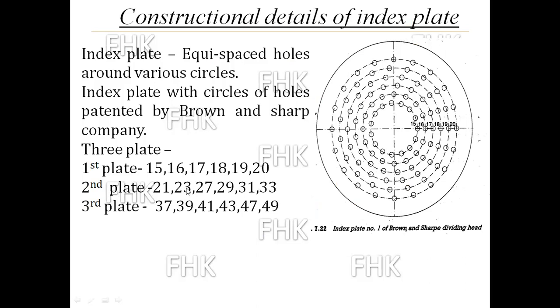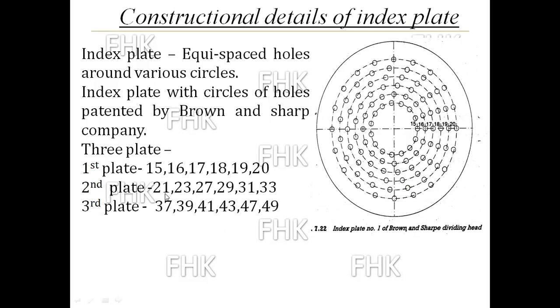Your combination may be different, 23 and 27, or 23 and 29, or a third person may take the combination of 23 and 31. Any combination you can select, but one number should be present, that is 23, which we get by making the factors of 69.